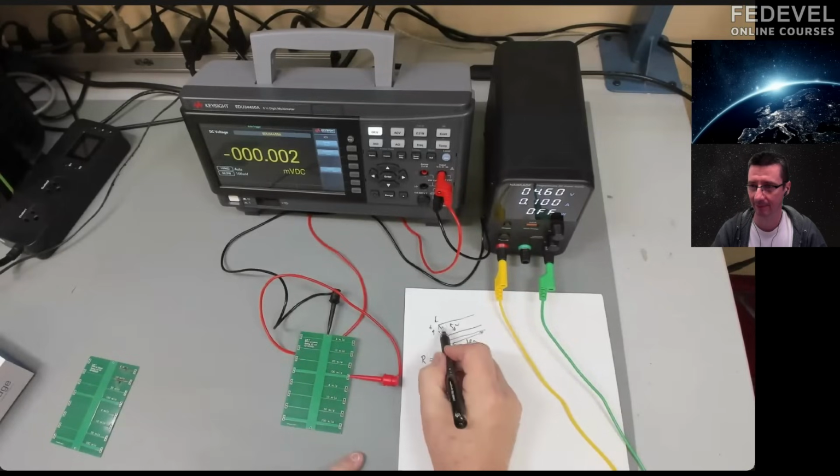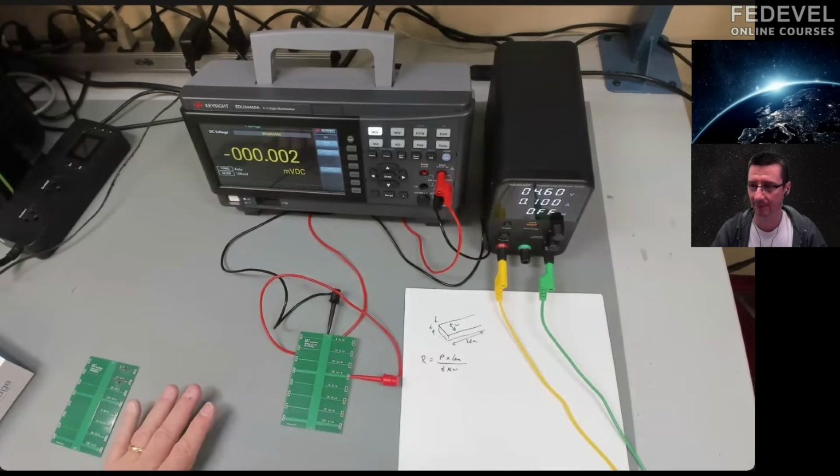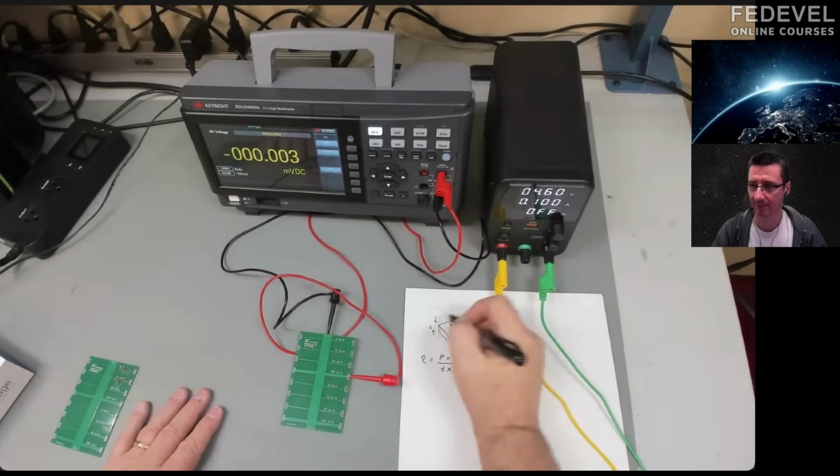And the cross-sectional area is the width times the height, so it's the thickness times the width.